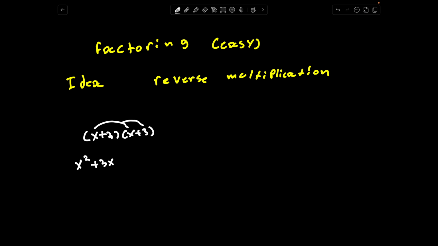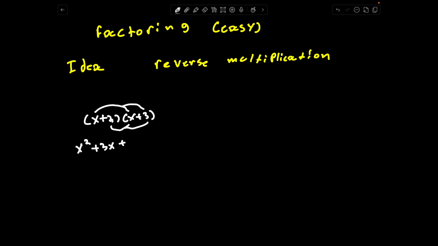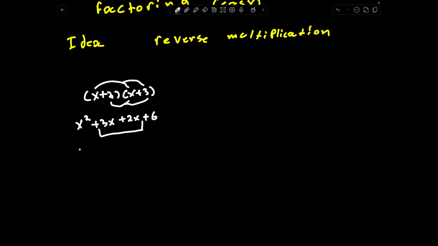Then we multiply the second term by the first term, second term by the second term, which gives us plus 2x and then plus 6. And then here we see that these can be added up together. So x squared plus 5x plus 6. Boom.